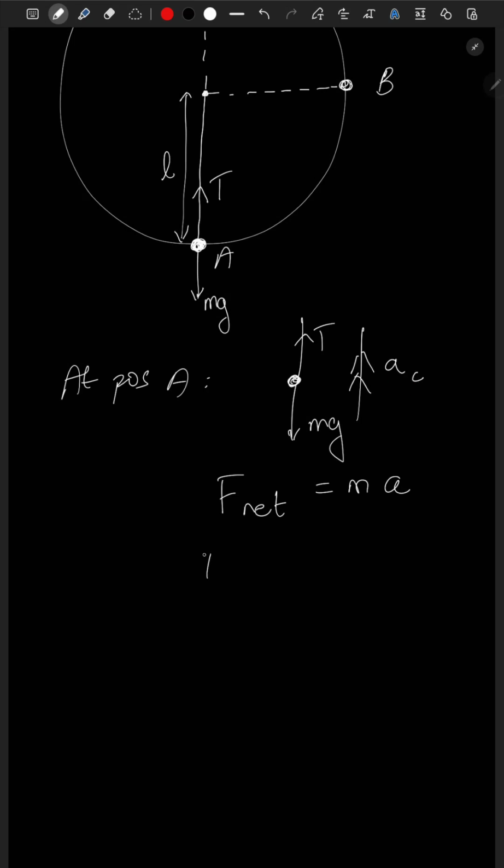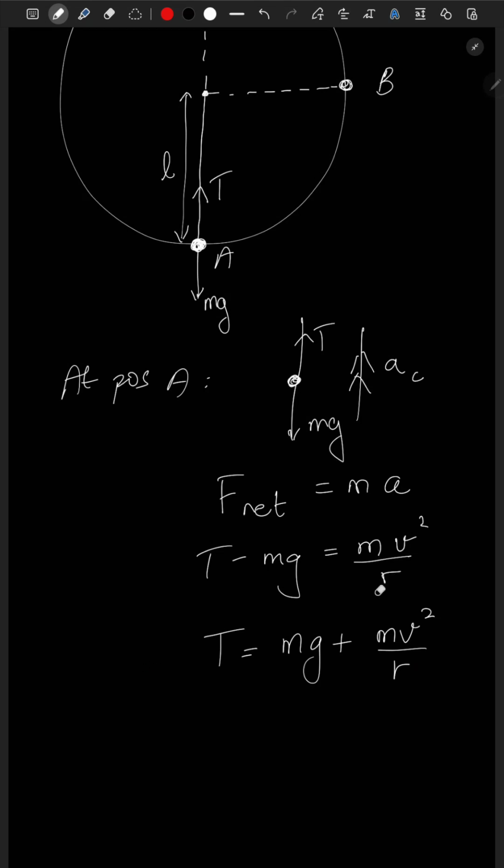And therefore it is T minus mg, and this is m times the centripetal acceleration, v squared divided by r. And therefore if we want to calculate the tension, it will be mg plus mv squared over r. And the r is the length of the string. It is L, so we can just replace it by L. So this is at position A. We can come up with this equation.